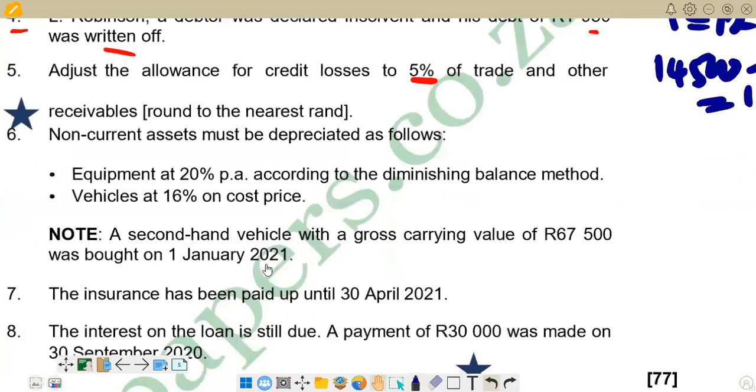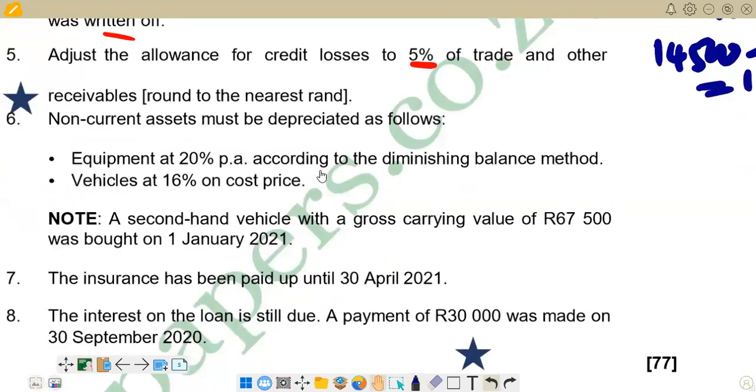We have number 7 saying insurance has been paid up until 30 April 2021. Remember, the year is ending on 30 June 2021, but it was paid up to 30 April 2021.